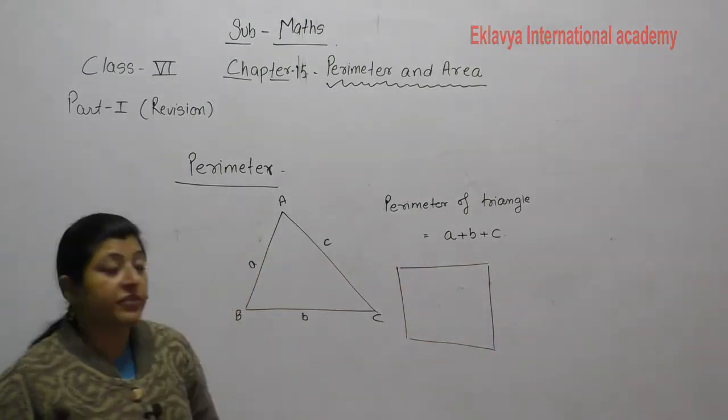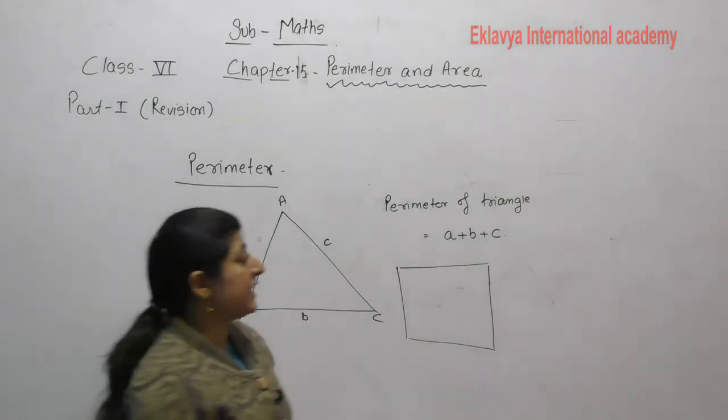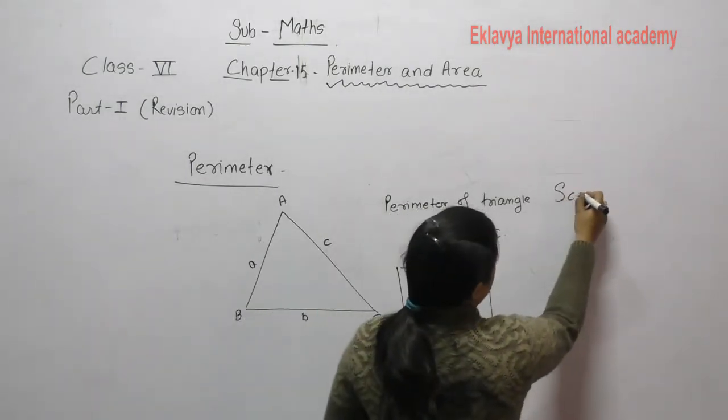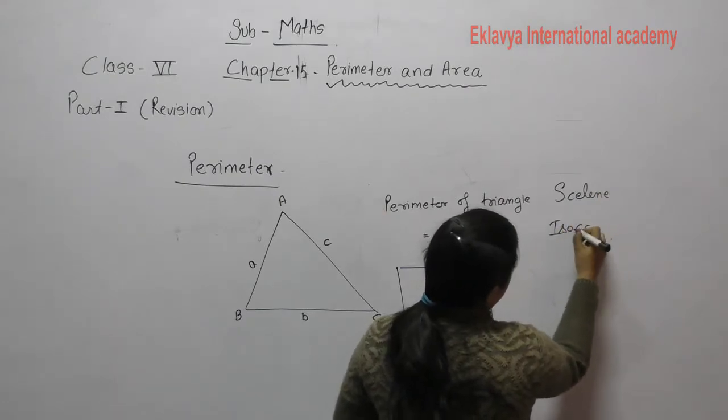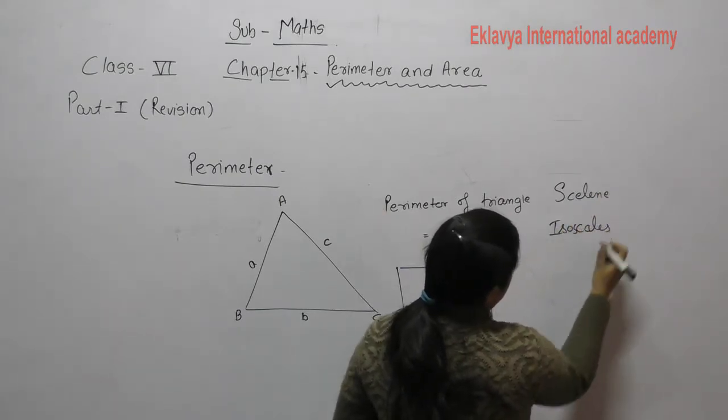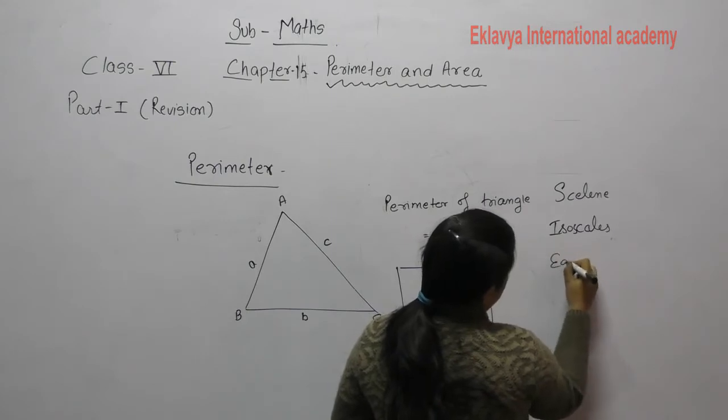We know there are three types of triangle: scalene, isosceles and equilateral.